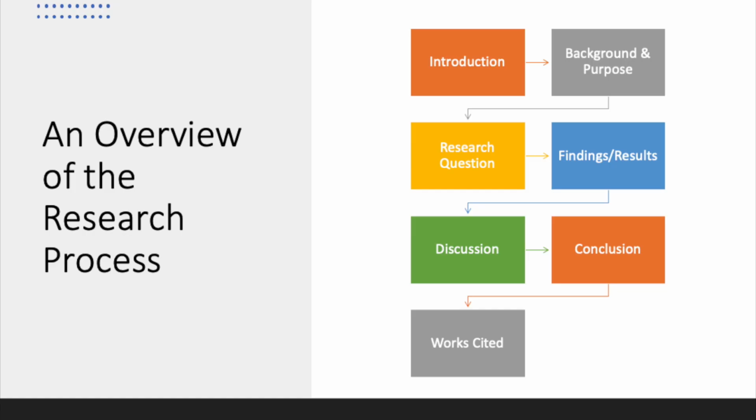The format includes some type of introduction, a section explaining the background on the topic and the reason or purpose for conducting the study, the research question, the methods used to conduct the study, the findings, a brief discussion on the impact or the potential impact of the findings, a conclusion, and a list of resources that they've used in their papers. As we explore and conduct our own research project this semester, we will take a more in-depth look at each of these sections in future videos.